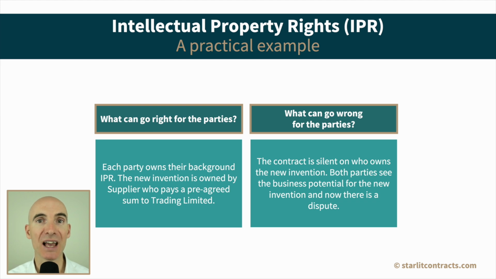Now this could either end up in a dispute, or the chances are that Supplier Limited would have to pay a lot more in the way of compensation to Trading Limited in order for Supplier Limited to have the sole use and ownership of that IPR.